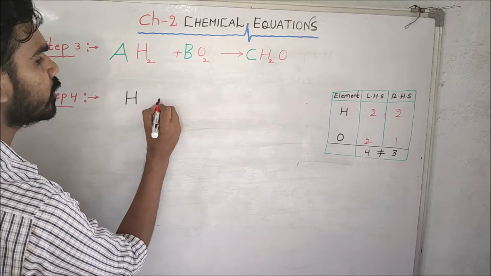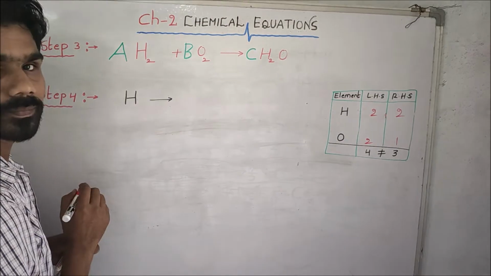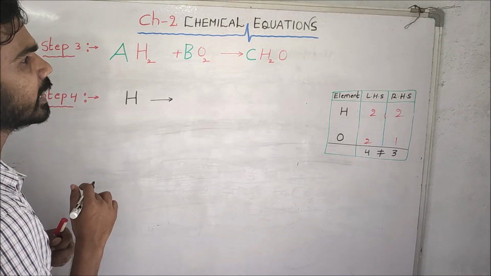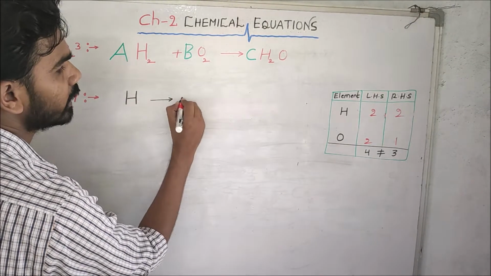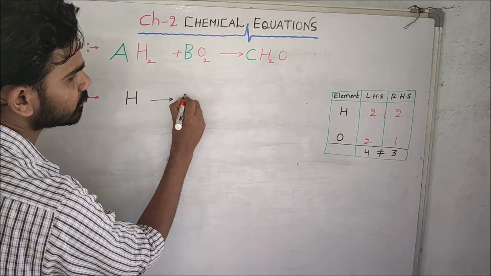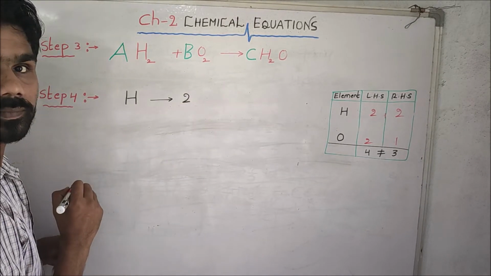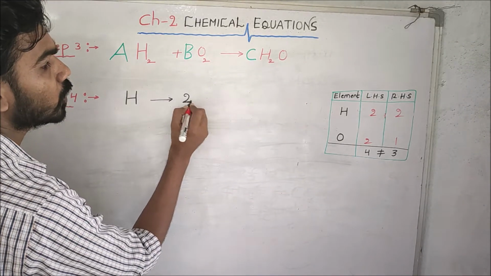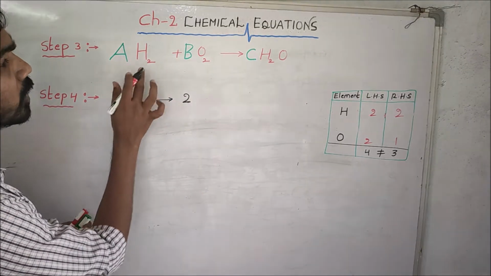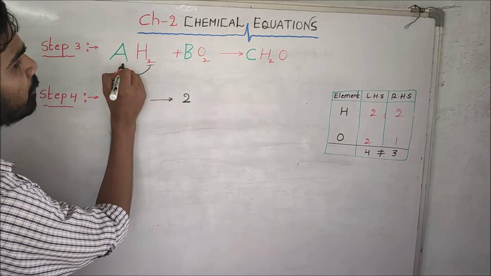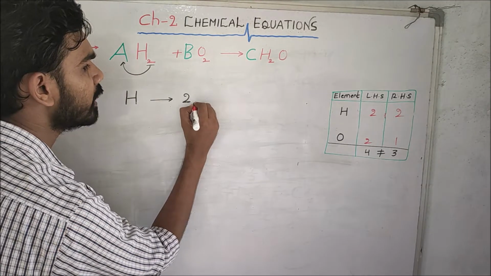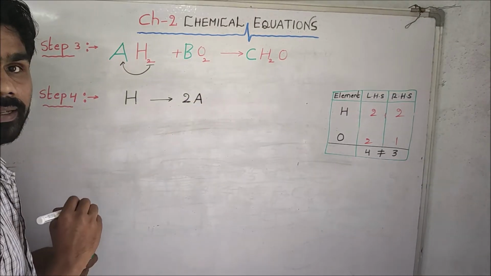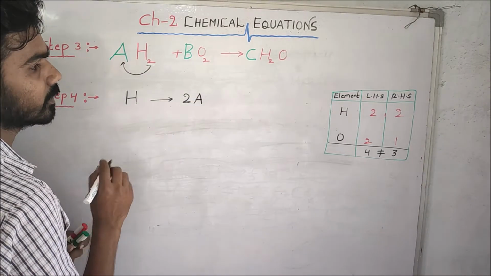Now on left hand side, how many hydrogens are there? 2 hydrogens. Which family? A family. Very important.